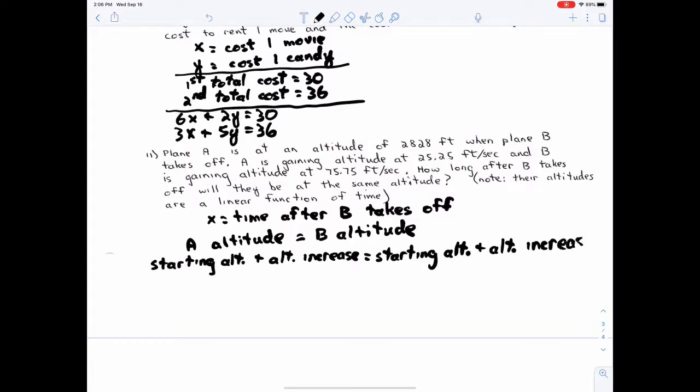Okay. Well, do we know any of that stuff right now? Well, we do know the starting altitude. Plane A is at 28. And B's taking off, so the starting altitude for B is 0. Okay, so how do you figure out how much altitude you gain?